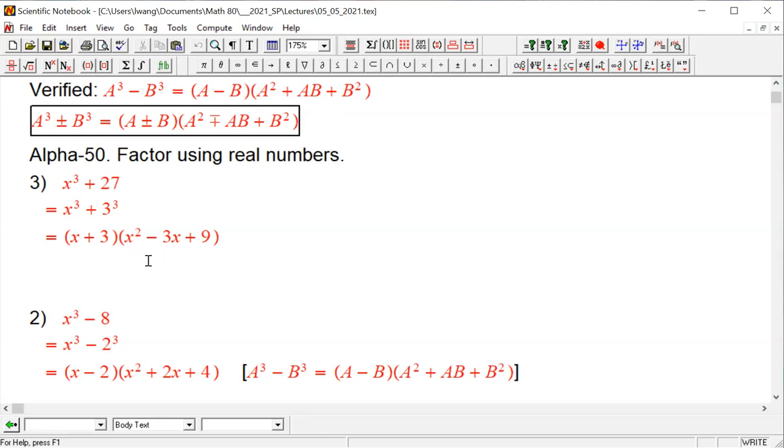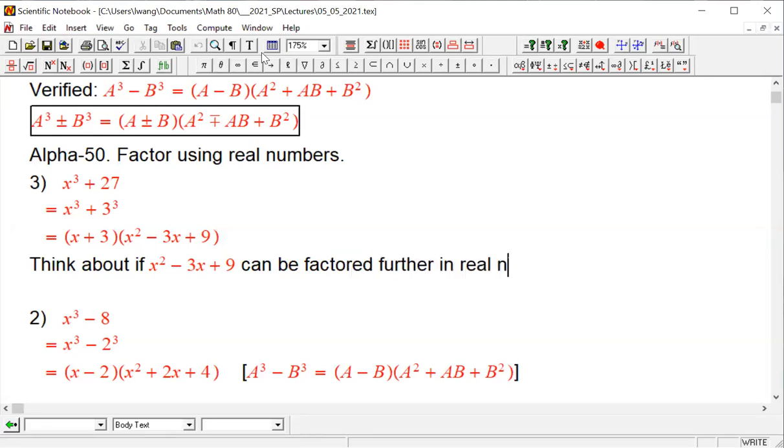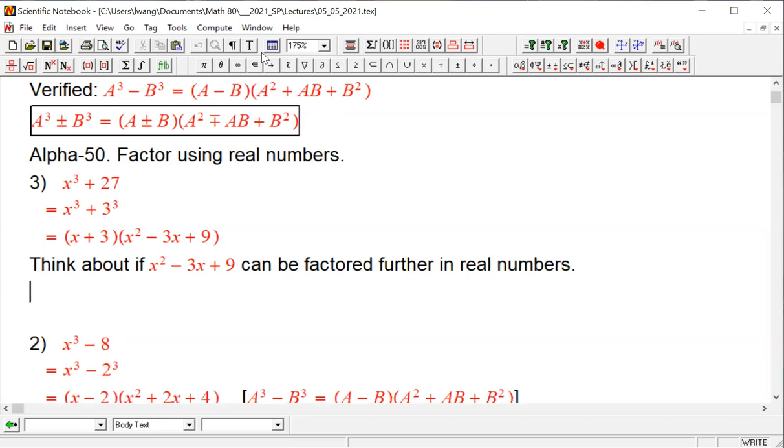But you would definitely think about whether x squared minus 3x plus 9 can be factored further in real numbers, because you have to think about it. In some cases you can, and in some cases you cannot. In our case, you cannot.